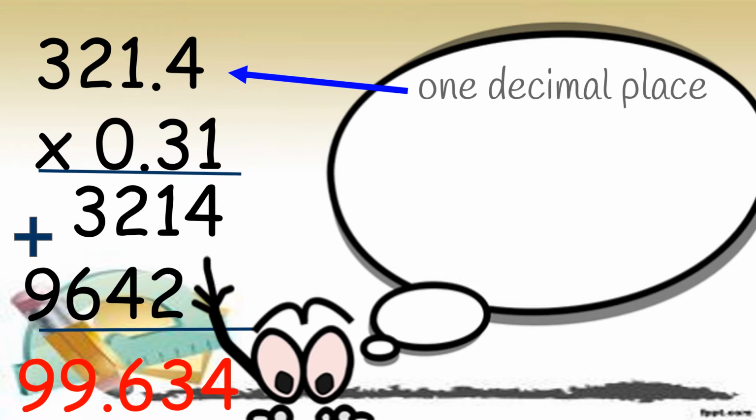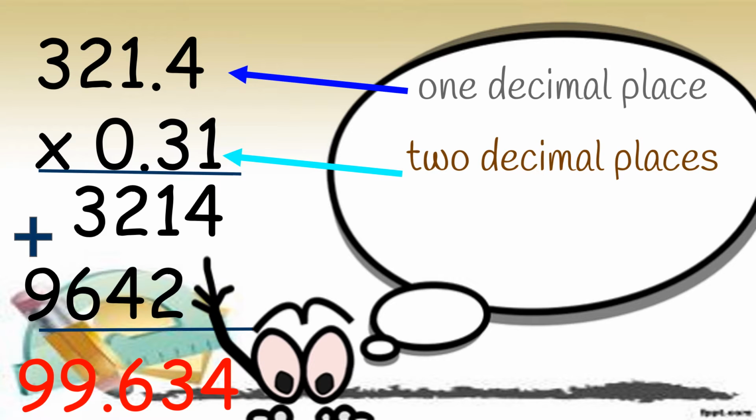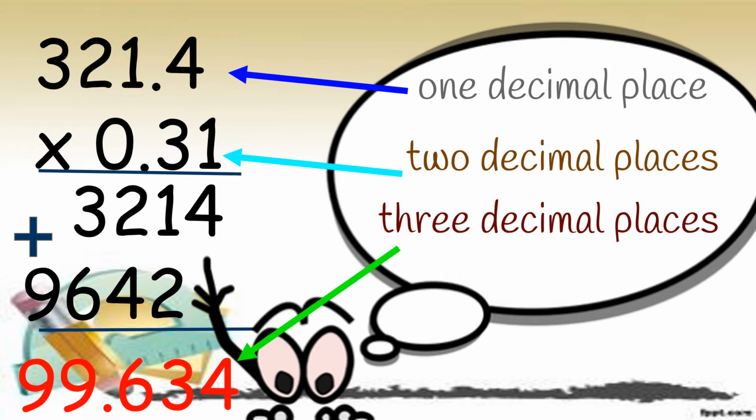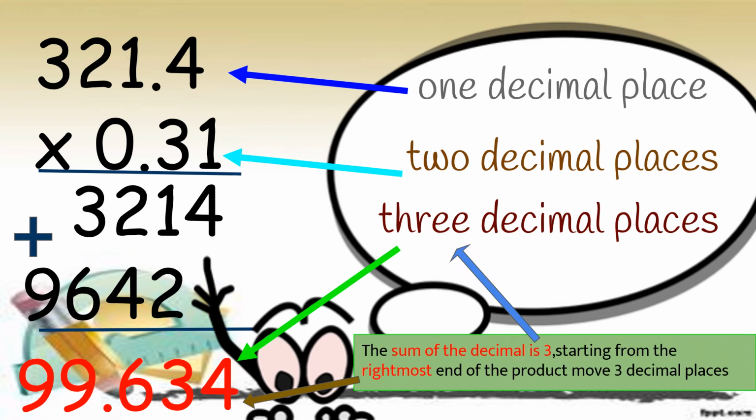On the first number, we have 1 decimal place. And then on the second number, we have 2 decimal places. We'll have the total, 1 plus 2 is 3. Therefore, we'll have 3 decimal places on our product. The sum of the decimal places is 3. Starting from the rightmost end of the product, move 3 decimal places.